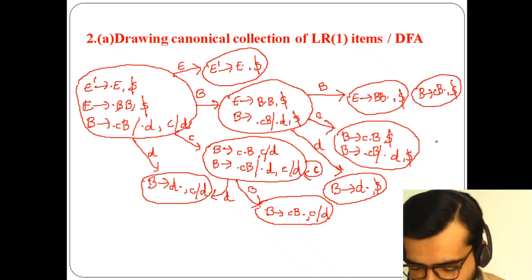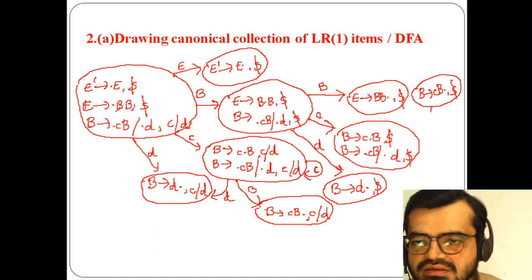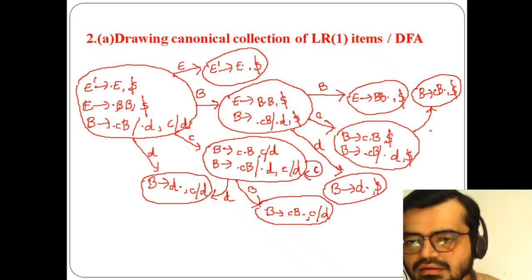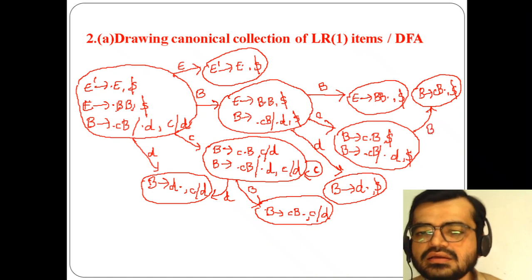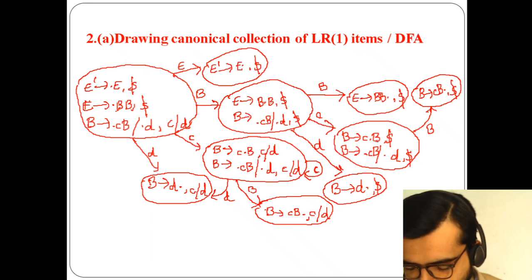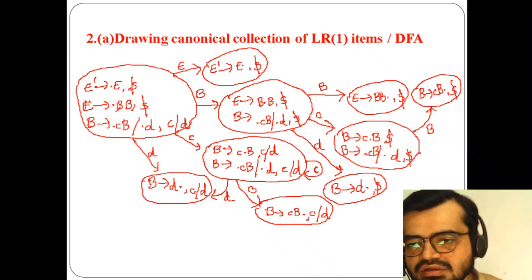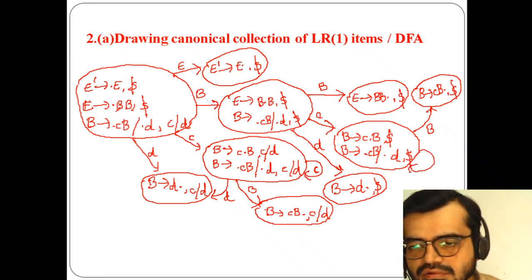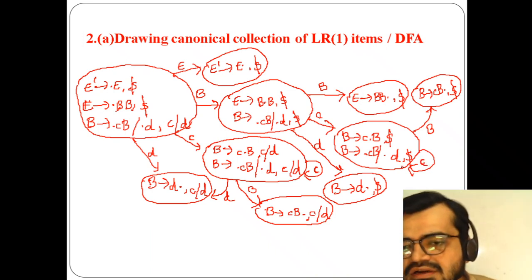Okay, B of CB dot dollar, by moving B. And when I'm using C, again this will repeat to this state only. And for this, D.